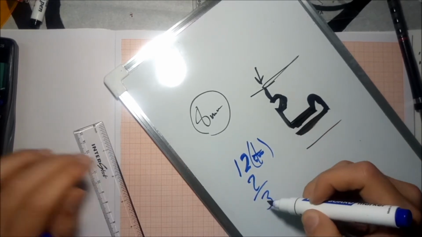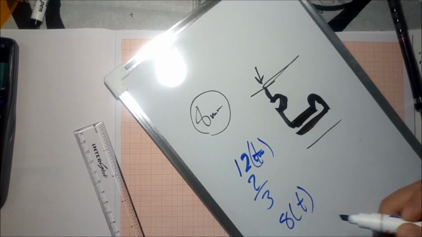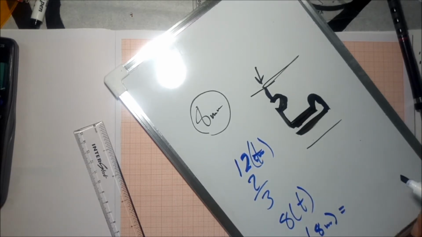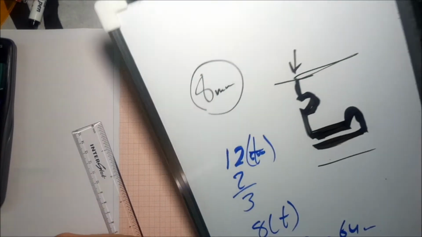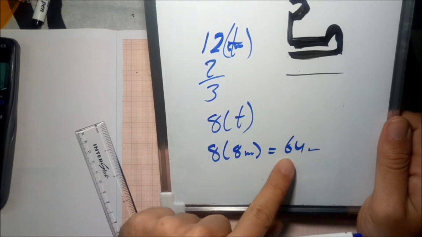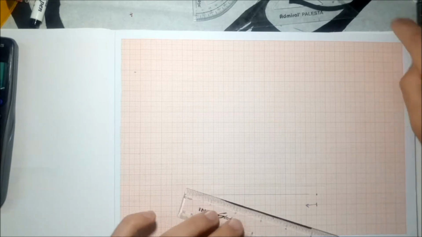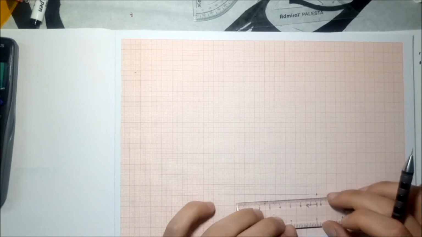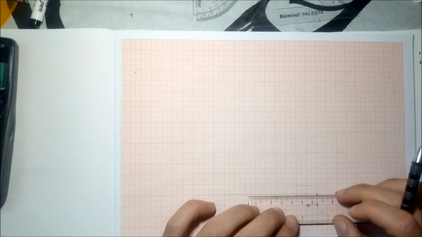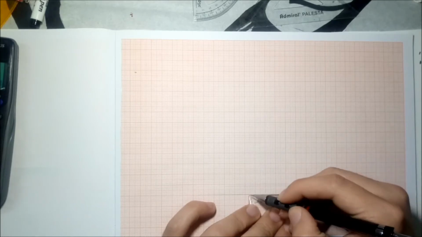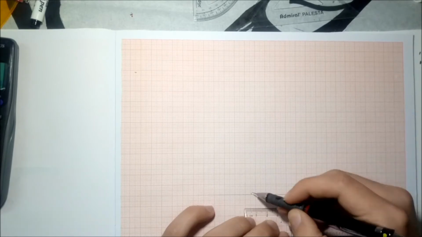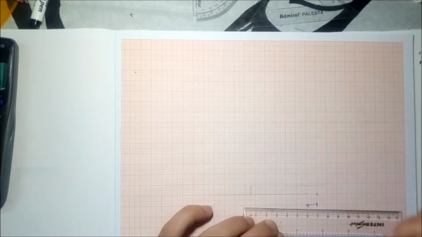So 2/3 that would give us 8 times t. Therefore, we've got 8 multiplied by 8mm. This will give us 64mm. So we've got 64mm to draw as a base for the Dal. We get our ruler, we start from here, we find the 64mm point and we locate it on the paper. This is where the letter ends as the base.